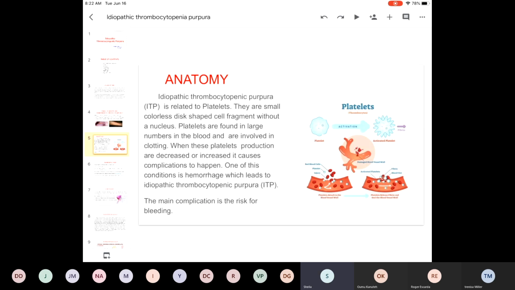One of these conditions is hemorrhage, which leads to idiopathic thrombocytopenic purpura. But the main complication is the risk of bleeding. And on the right, you see the platelets where it's small, and when it's activated, it produces the fibrin, and that's the pathway that it takes.